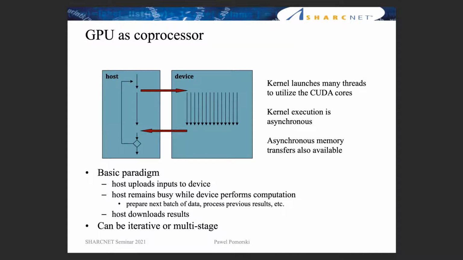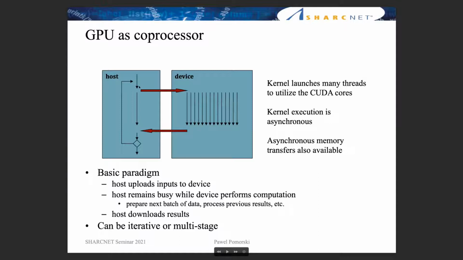So a GPU is a coprocessor. In terms of how you actually write CUDA code, here's a simple diagram which demonstrates the idea. You cannot log into a GPU. A GPU is a device. A GPU is just something you add to the CPU. So any code you are running essentially starts on the CPU first. The CPU initializes the data. It acquires the GPU. It can do its own computation.